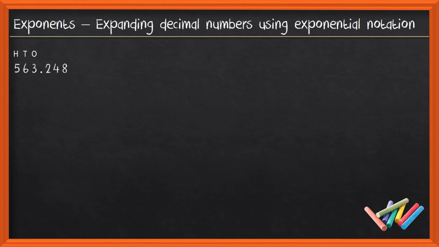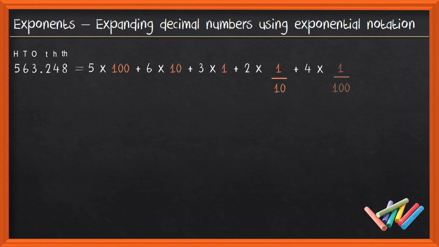And in the decimal part, 2 is in the tenth place, 4 is in the hundredth place and 8 is in the thousandth place. We would expand this as 5 into 100 plus 6 into 10 plus 3 into 1 plus 2 into 1 by 10 plus 4 into 1 by 100 plus 8 into 1 by 1000.